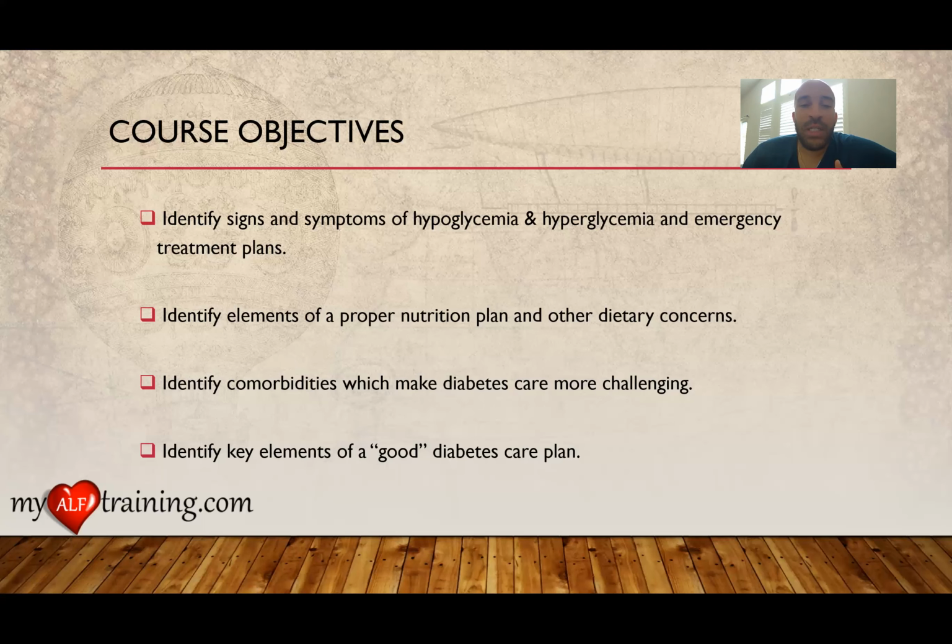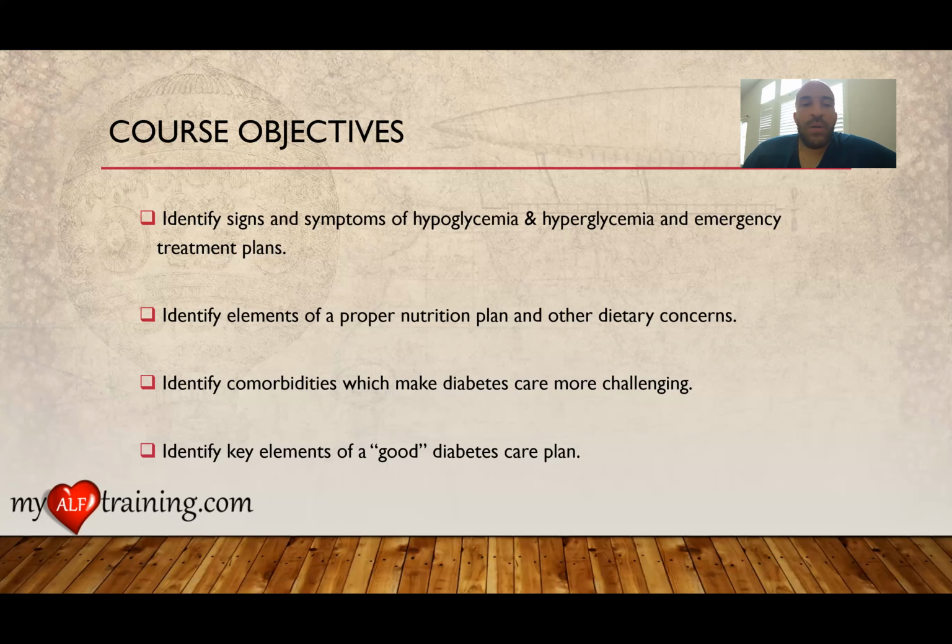So we're juggling their blood sugar, regulating their blood sugar with insulin, helping them with their diet. But a lot of the times they have comorbidities, which are accelerated because of the diabetes, and sometimes vice versa. Sometimes their comorbidities can make their inability to regulate their blood sugar even more difficult.